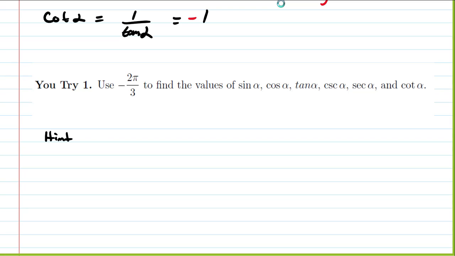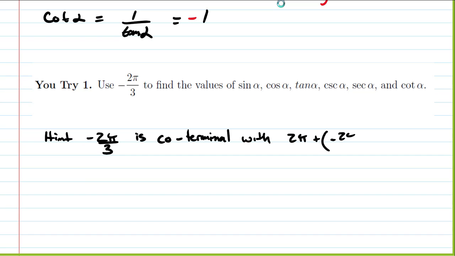Hint, negative 2 pi over 3 is coterminal with 2 pi plus negative 2 pi over 3, which is 4 pi over 3.